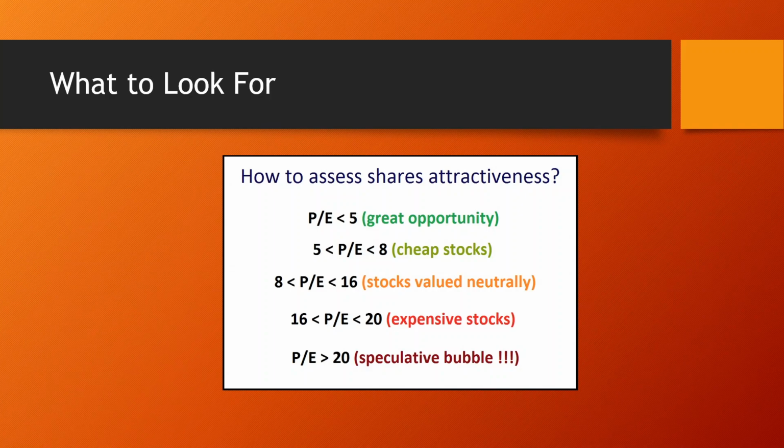But there's also a high PE, which may suggest that there's going to be higher earnings growth. And a low PE, like I said before, is just that it may be undervalued. And even though it's undervalued, it's still doing exceptionally well, which means that in time the price will increase. So that's really up to you.